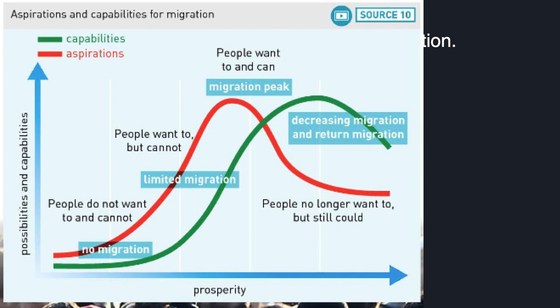That means return migration. People migrate back from the country they migrated to their home country because they can get enough money in their home country at this point in time, and they gained the money and they gained the knowledge that they need to be able to work and live in their home country as well.